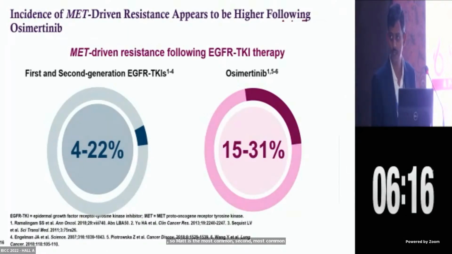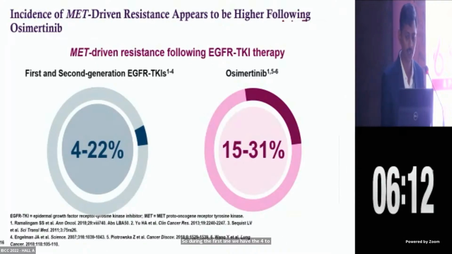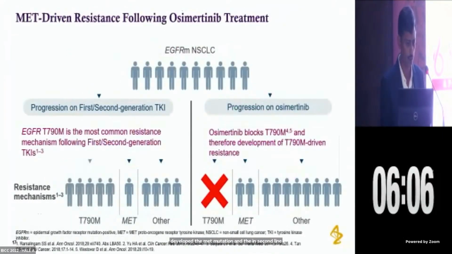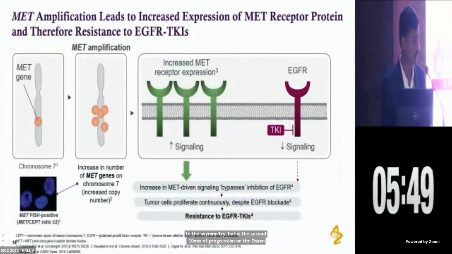In the first line, 4 to 22% of patients develop MET alteration, and in the second-line setting, 15 to 30% of patients can develop MET alteration. A first-line patient can develop MET alteration but have intact T790M, so we can change to osimertinib. But in the second generation, on progression on osimertinib, they will have T790M loss. So MET is the activating pathway.